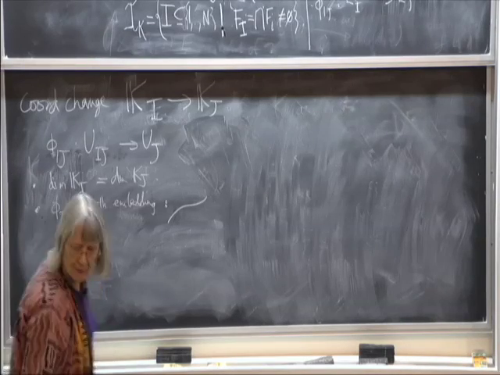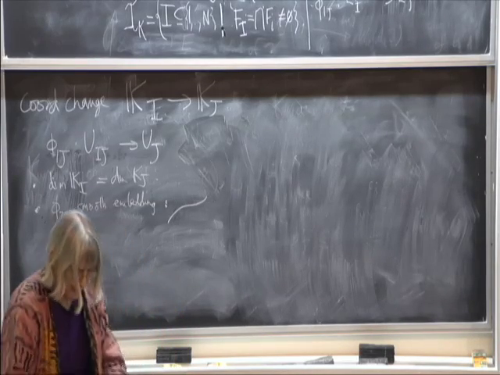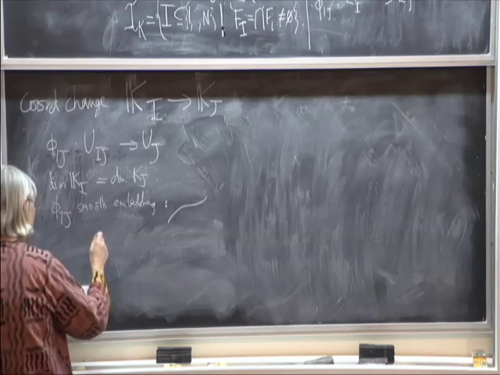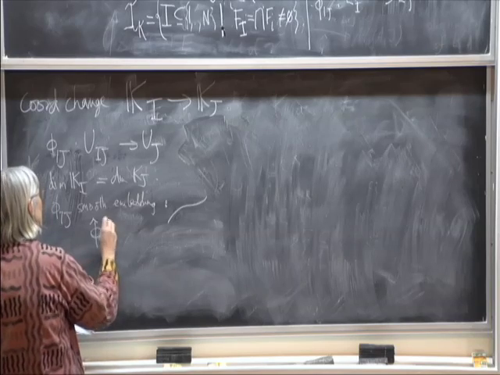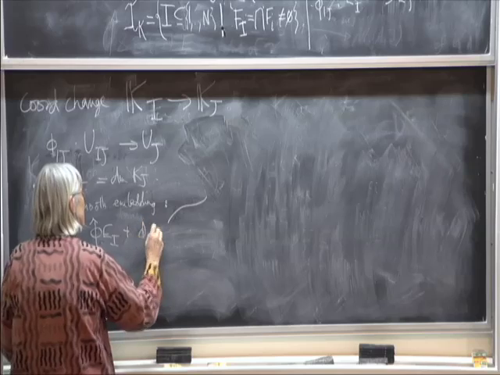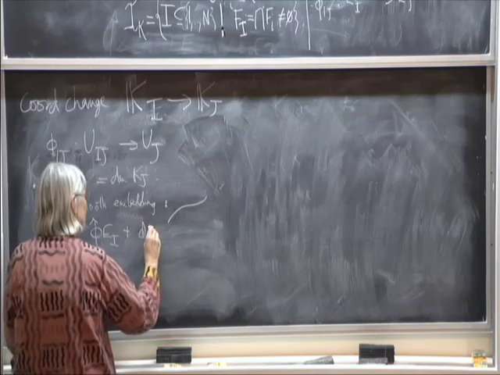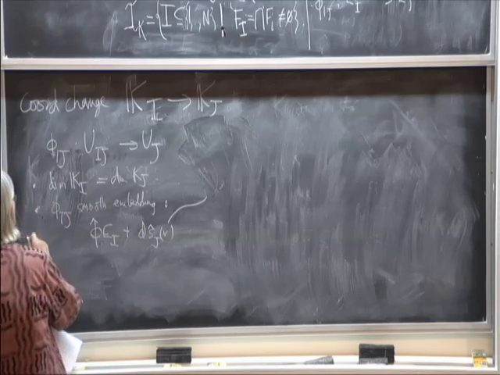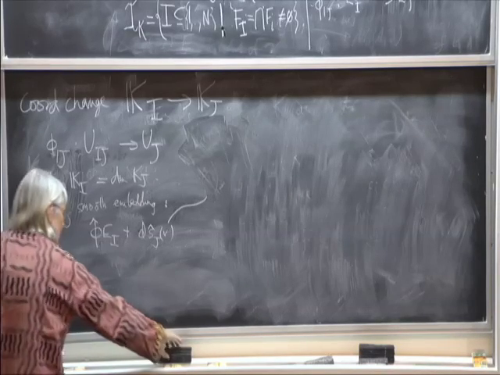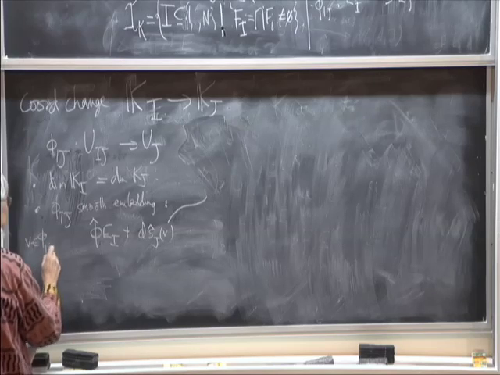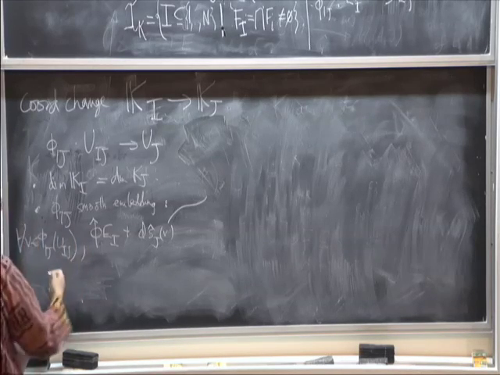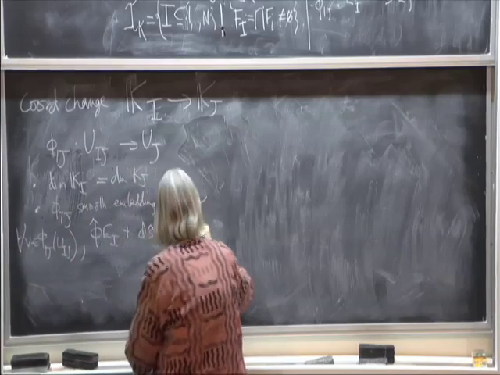Let me write it down in the same way as in the paper: if you look at phi hat of EI and you add to it dsj hat of V, so for all points V in the image of phi ij, we need this to equal EJ.